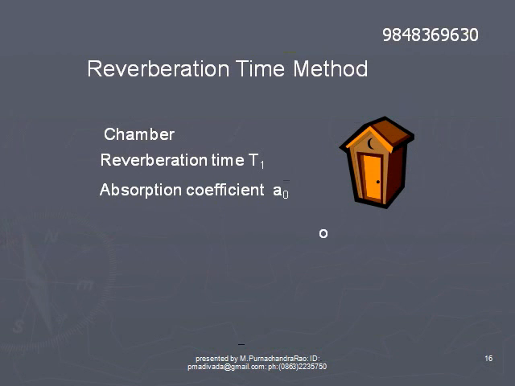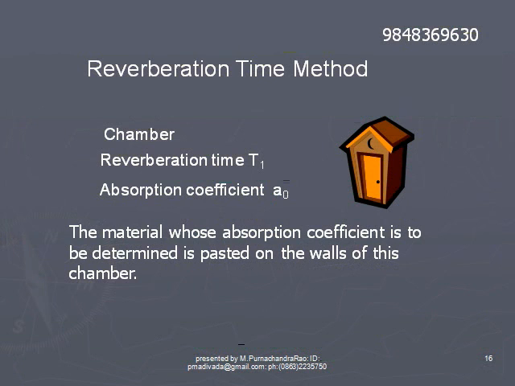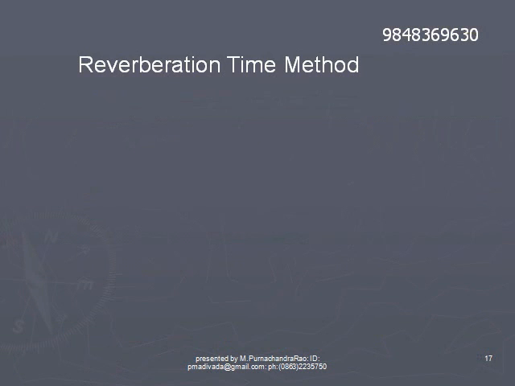The reverberation time in the empty chamber is say T1. The material whose absorption coefficient is required is pasted on the walls of this chamber.